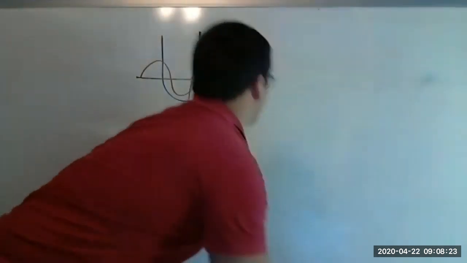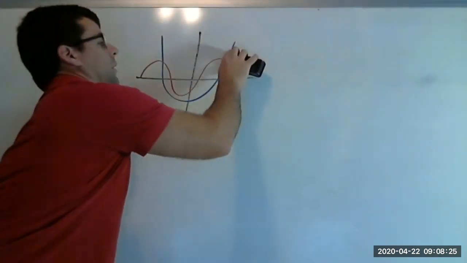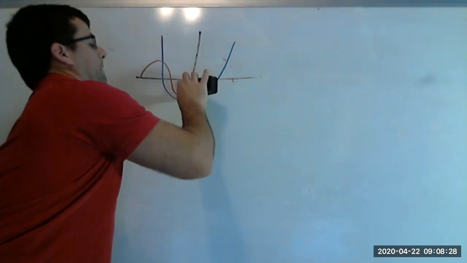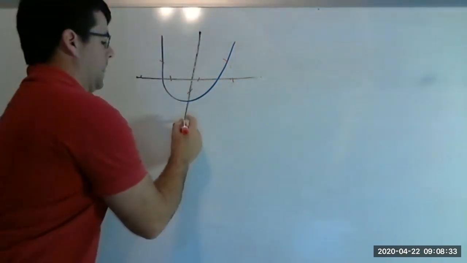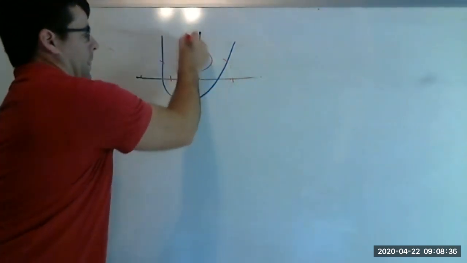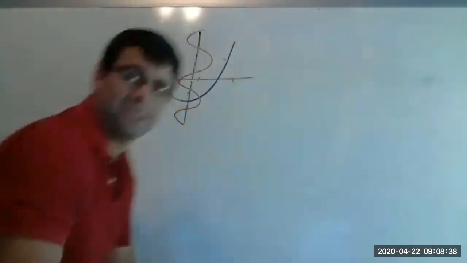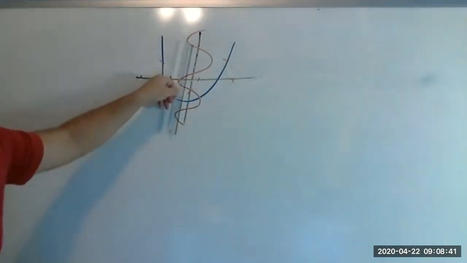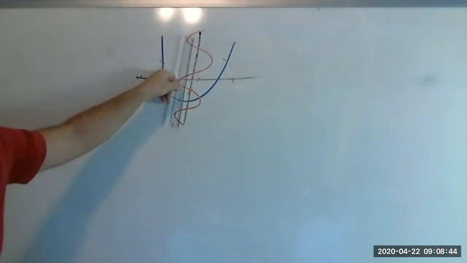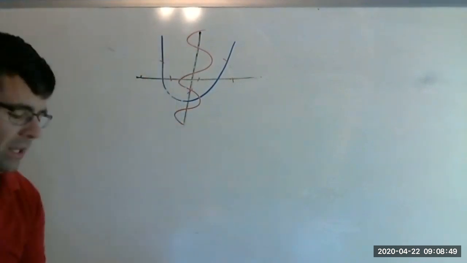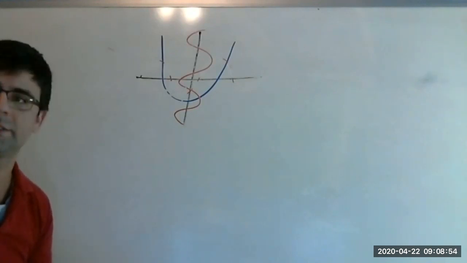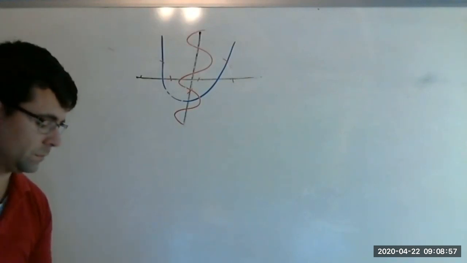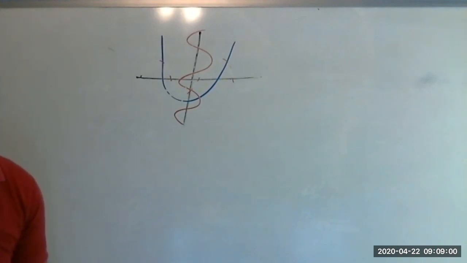No, sorry, this is a function. I meant to draw it the other way. So this is not a function, because if we put our line up there, it intersects that red line a bunch of places. So the way you tell if a function exists is if it passes this vertical line test. Okay, pretty good, straightforward.